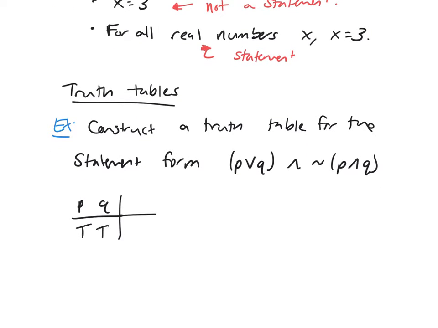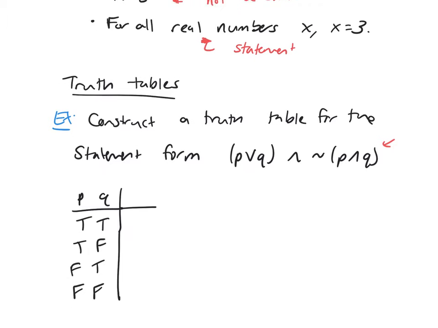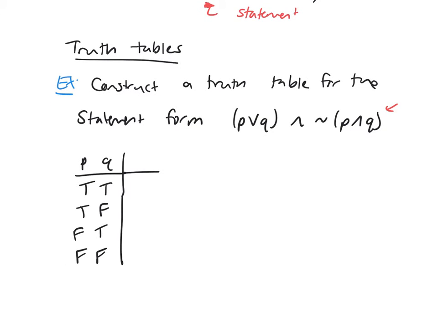So true, true, true, false, false, true, false, false. There are 4 rows, and remember we build up this statement form here in pieces. So we're going to start with, what are we going to need? We're going to need P or Q. We're also going to need P and Q, but really I need not P and Q. And those are all the pieces that we're going to need.